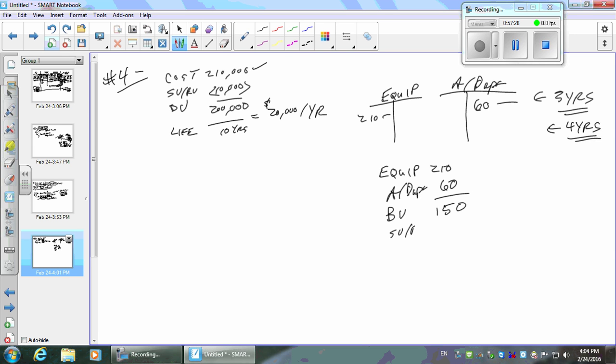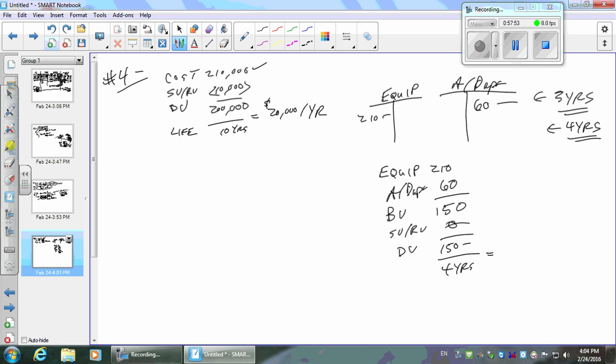Careful. It'll last 7 years and it's going to be 0. Oh, I'm going to depreciate the whole 150, aren't I? That's what's left. So my new depreciable value for the time that's left is 150, and I'm going to divide that by 4 years. Got it.